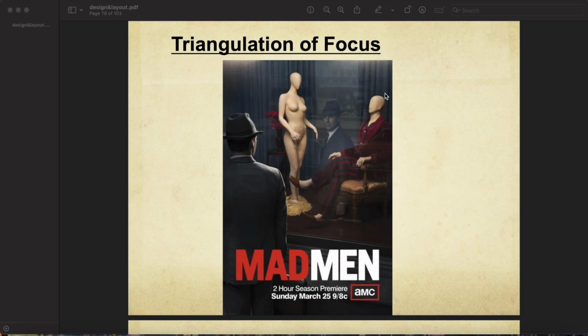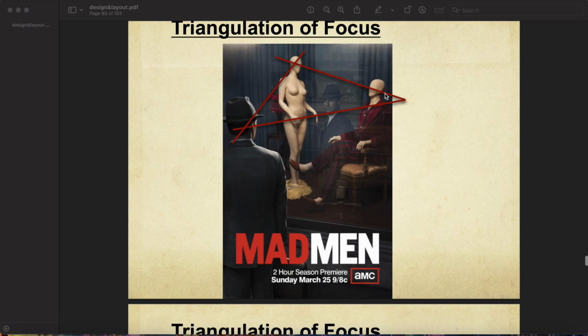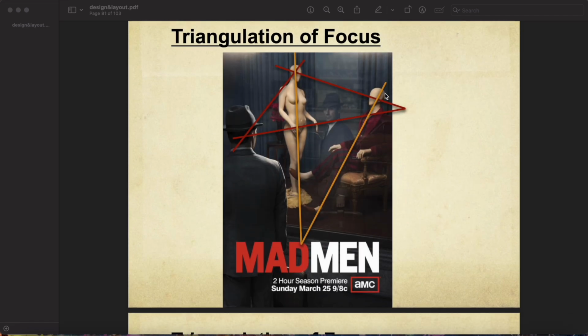Again, we have a combination of triangulation of focus. We have our first triangulation of focus, and we have our second. So the artist is intentionally utilizing where the eyes would be in order to move the viewer's eyes throughout the composition, so that your eyes move through the imagery the way that the artist wants you to.